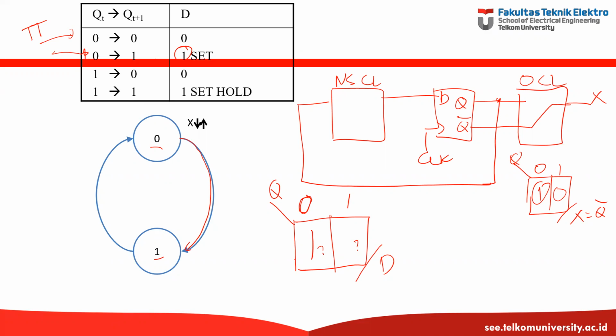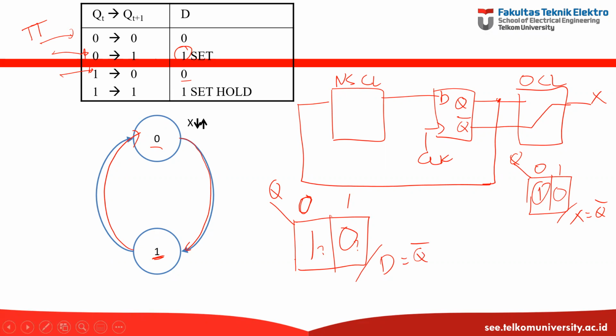And then now Q is 1. Clock, it will change to 0. So from 1 to 0. This is the transition from 1 to 0. This will happen when D is 0. So D is Q naught.